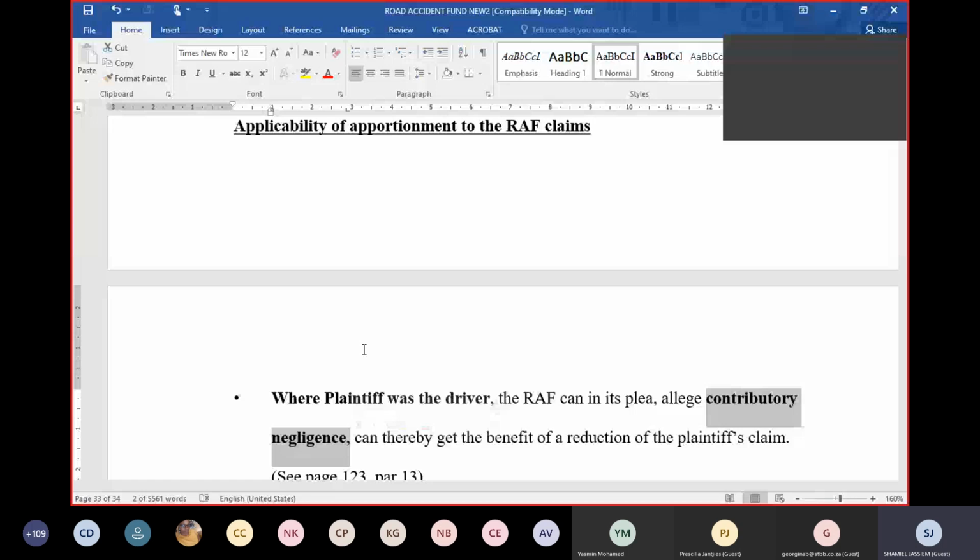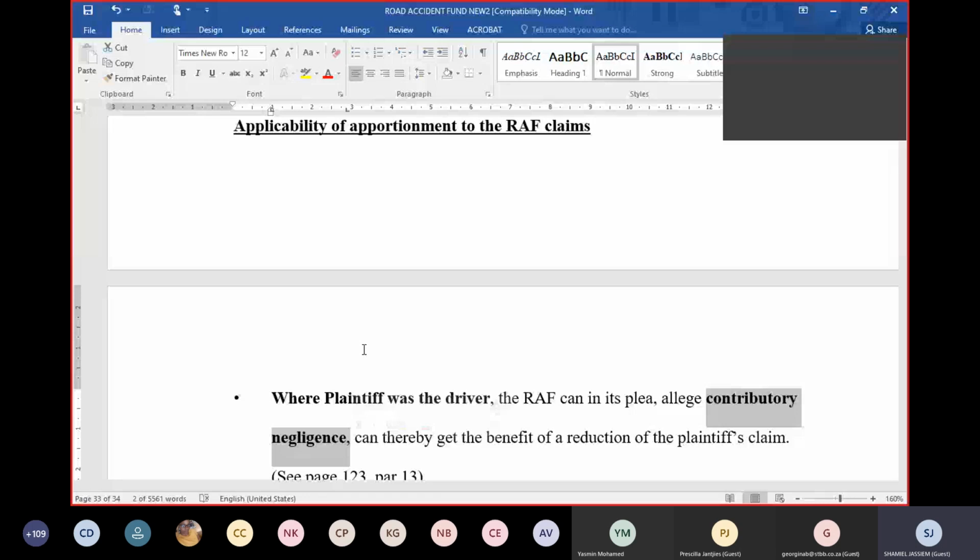So if it's damage to your motor vehicle, you will recover by an ordinary civil case against the person who caused the damage, or you can claim from your insurance company, and the insurance company will recover it from the person that's liable to pay the damages. Now, you do find some insurance companies that also offer cover for personal injury in motor vehicle accidents.